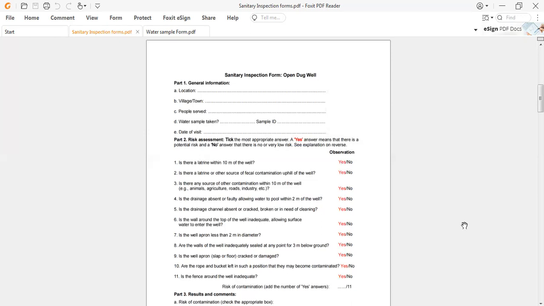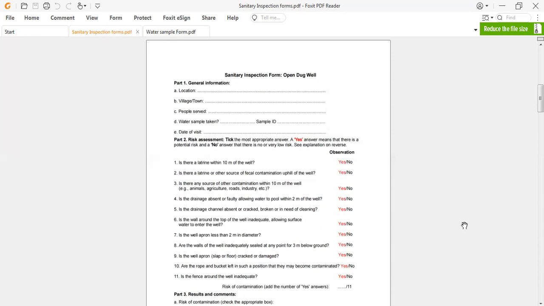For instance, question 1 says, is there a latrine within 10 meters of the well? Normally, since it's a well, water percolates within the ground and penetrates inside. So if there's a latrine located within 10 meters, even if the well is not contaminated in 2 years' time, give it 10 to 15 years, and that water can percolate one day and finally reach the well.